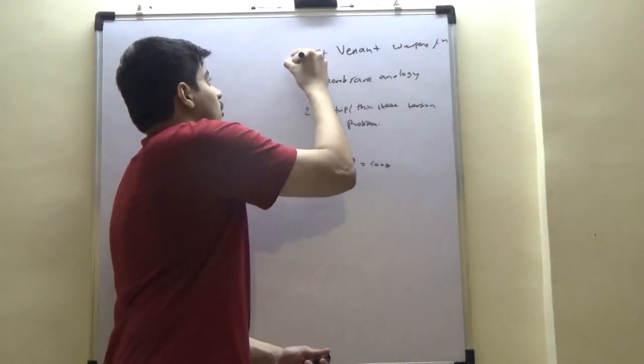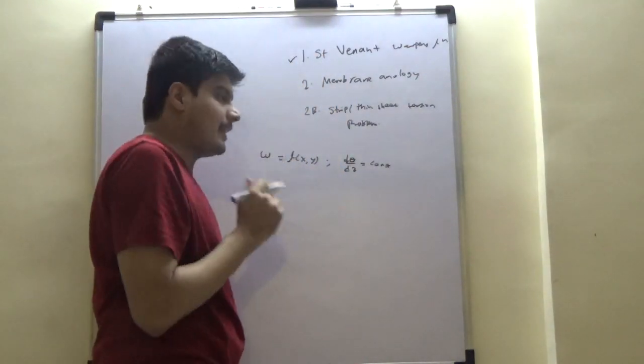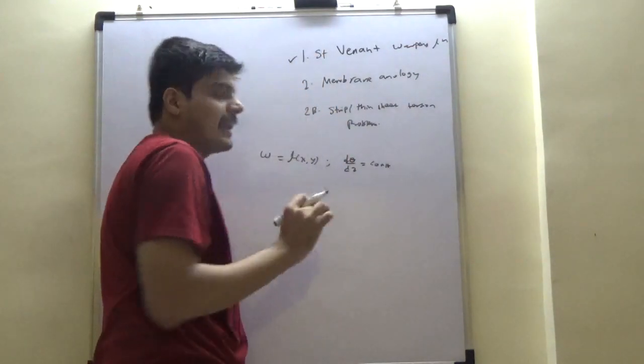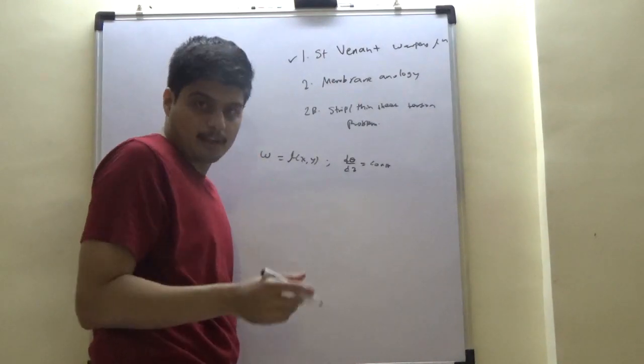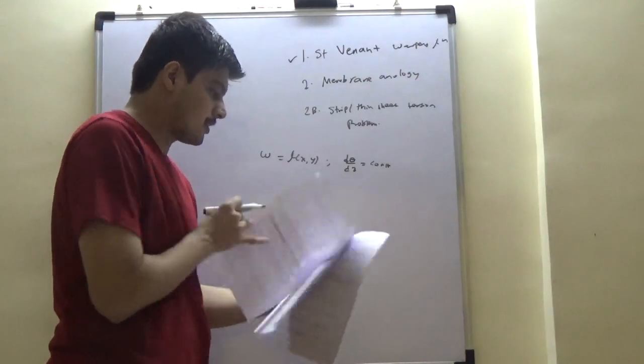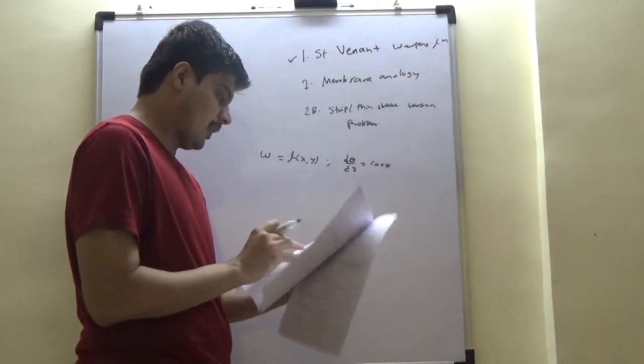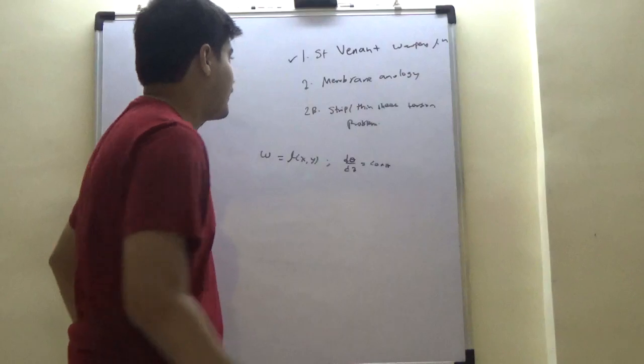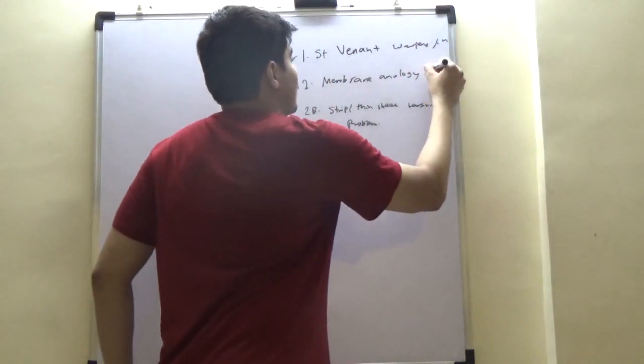So we will look at what this principle is, and then we will also look at a very excellent analogy, which is the membrane analogy. Again, this was done by Prandtl, and let us reconfirm that because this is a GATE examination question. So it is called Prandtl's, but it is Prandtl and his colleague.